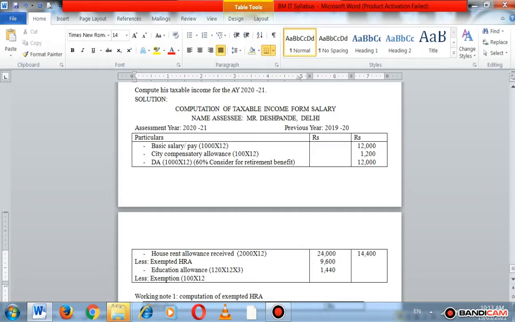The exemption is 100 per month, so for 12 months, and for only two children, 100 multiplied by 12 multiplied by 2, we get 960.